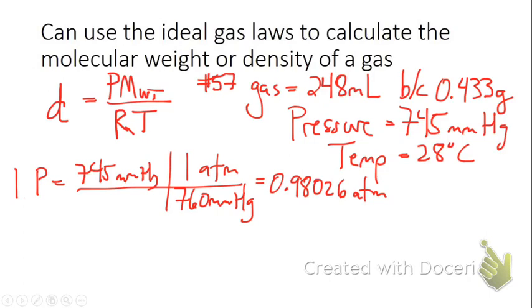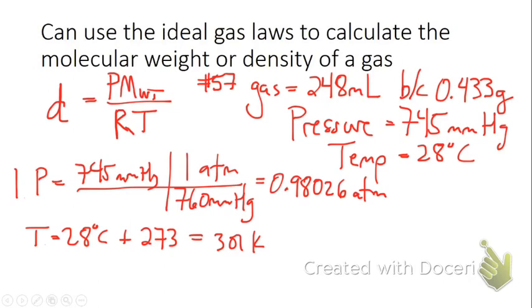So that's the first thing we'll find is the pressure. We'll find the second easier thing, which is temperature, which is 28 degrees Celsius plus 273, and that's going to equal 301 Kelvin.